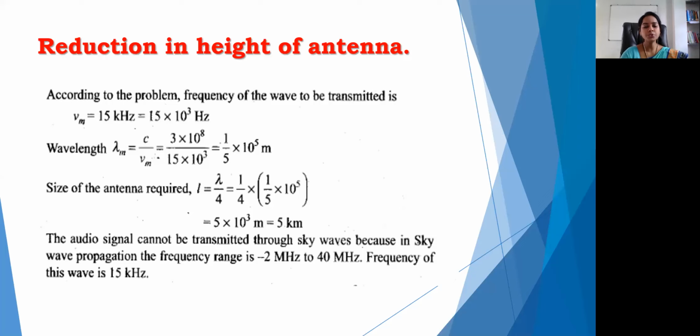Okay, so here you will have to calculate first the height of antenna. After calculating the height of antenna, you just imagine that this is 5 kilometer. How long it is? 5 kilometer, did you know? You just have to imagine that this long an antenna will have to be designed if we have the transmitting frequency as 15 kilohertz.